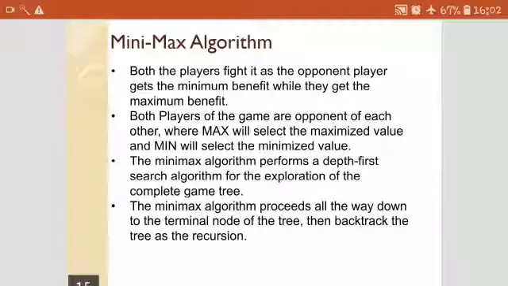This kind of algorithm is only applicable to two-player games, such as checkers, chess, and tic tac toe. Both players are opponents of each other, where max will select the maximized value, as we already discussed, and min will select the minimized value.